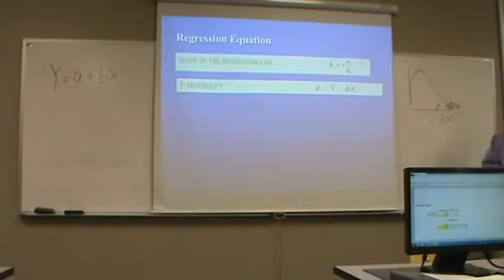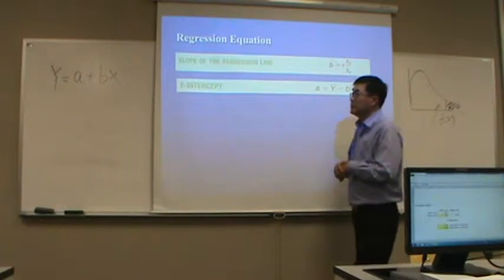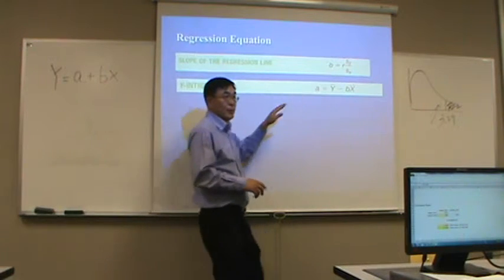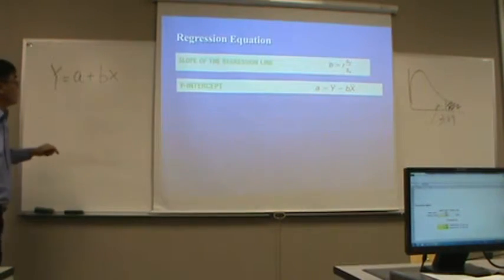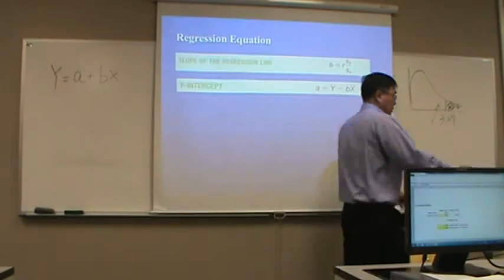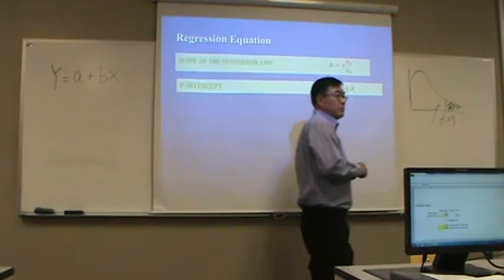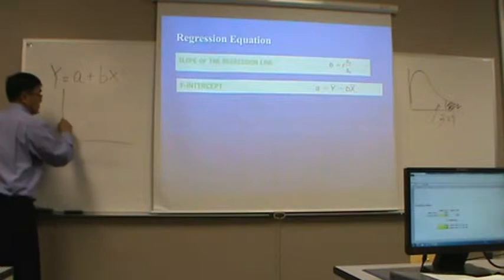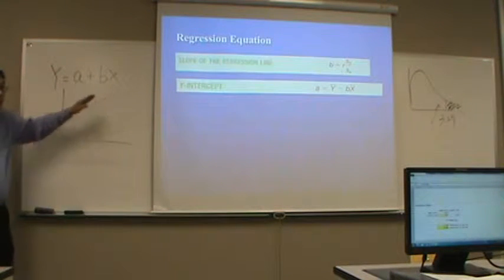If we use a formula to find a and b in this equation, and I draw this equation's graph, it looks like this, linear.